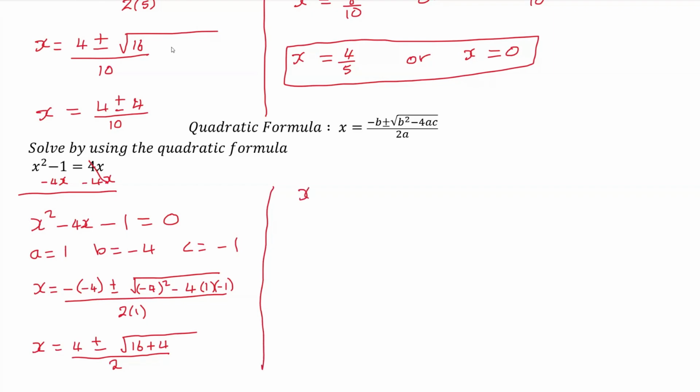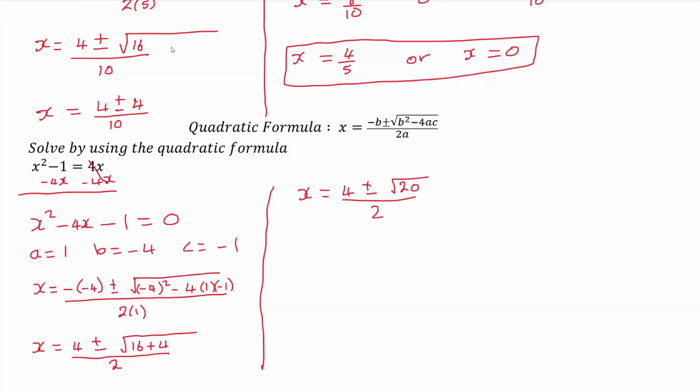So what we have is x is equal to 4 plus or minus the square root of 20 over 2. So now we have to simplify the square root of 20. So the square root of 20 is not an integer, but we can write 20 as 4 times 5, right?